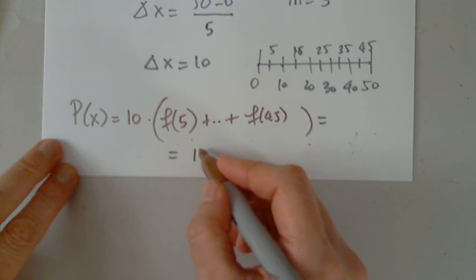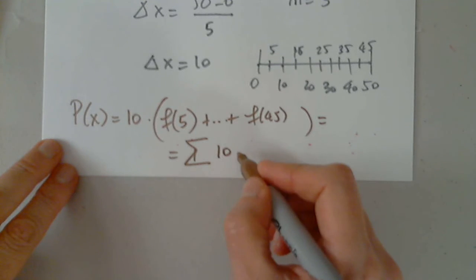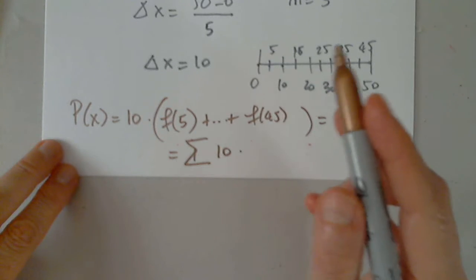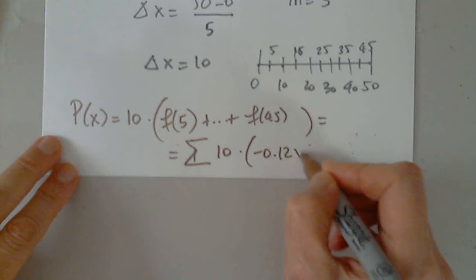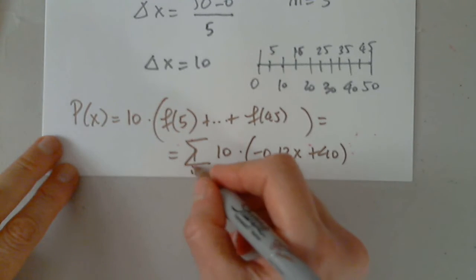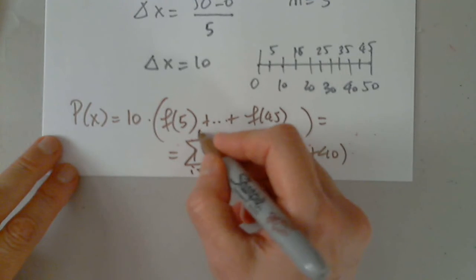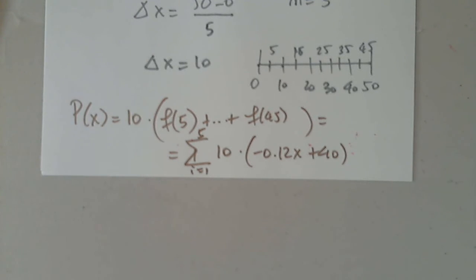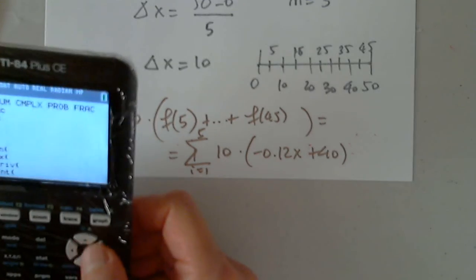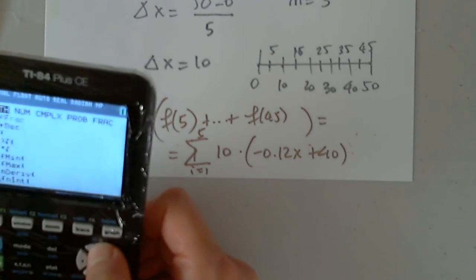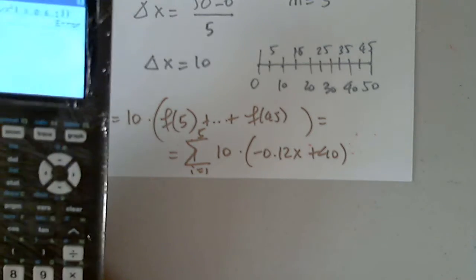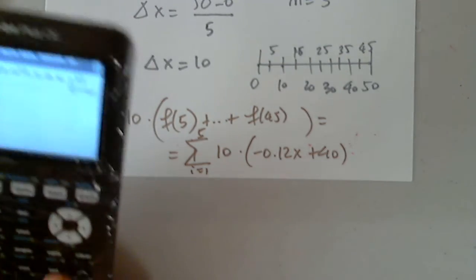So this is the sum, 10 multiplied by the function, negative 0.12x plus 40. This is the xi from i equals 1 to 5, since we have 5.